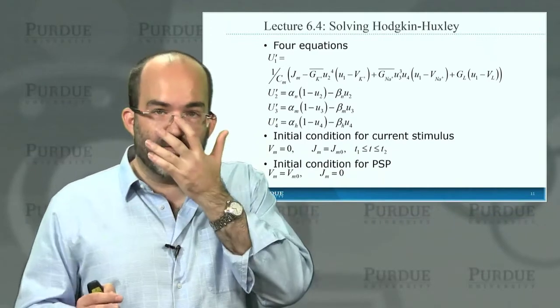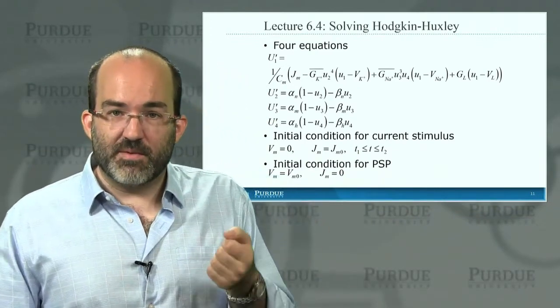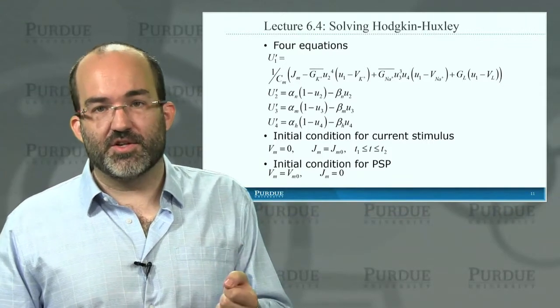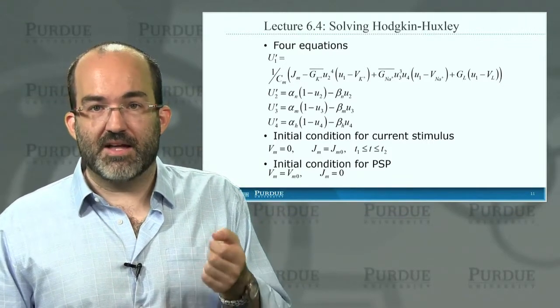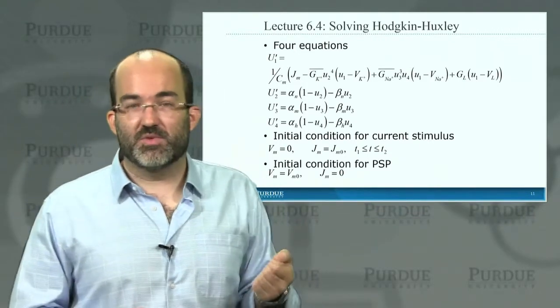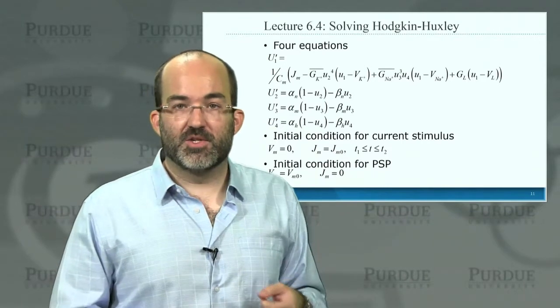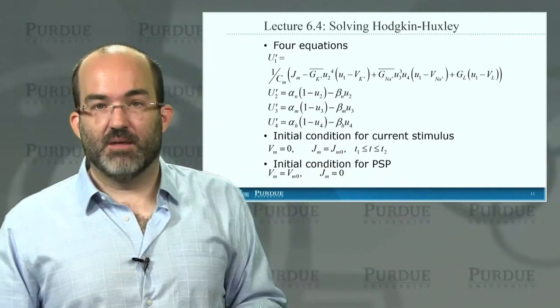But if you leave them at 0, then the cell is just going to sit there and do nothing. If you want to get the cell to fire an action potential, then you need to stimulate it. And the way we model that stimulus, which we referred to in week 3 and week 4 as KE, the way we apply KE is either through a voltage, which is equivalent to a postsynaptic potential, or through a current, which is equivalent to a stimulating electrode applying a current.